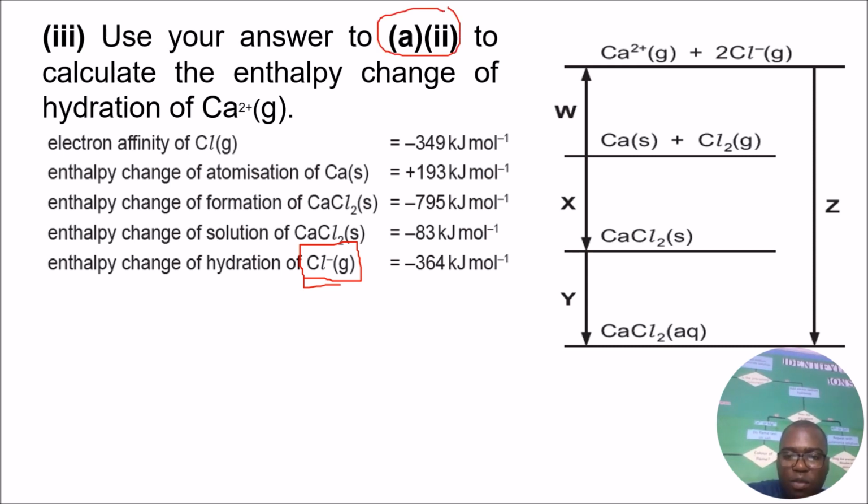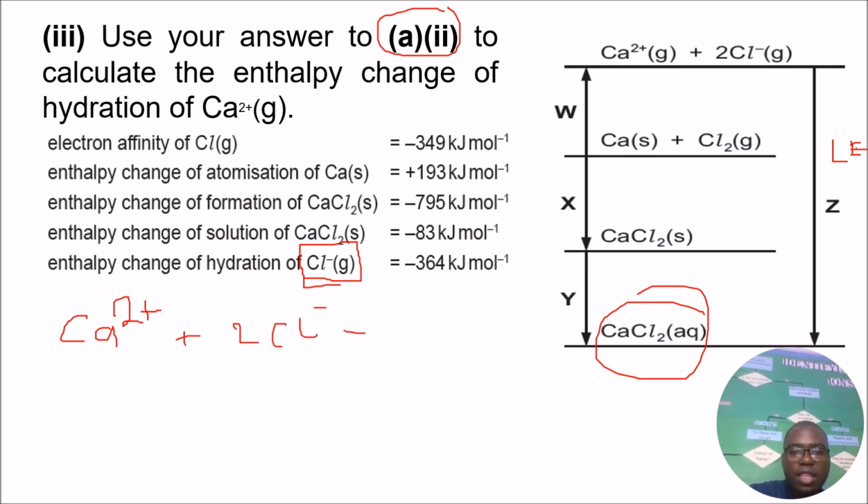The one we have just found is this value here, because when you check this arrow, it's finally ending here. So the lattice energy is, in this case, actually also the same as the enthalpy change of hydration of CaCl2. Now the enthalpy change of hydration of CaCl2 is a total sum of the enthalpy change of hydration of this one plus this one here, Cl-. And then this one will give us the CaCl2 like this.